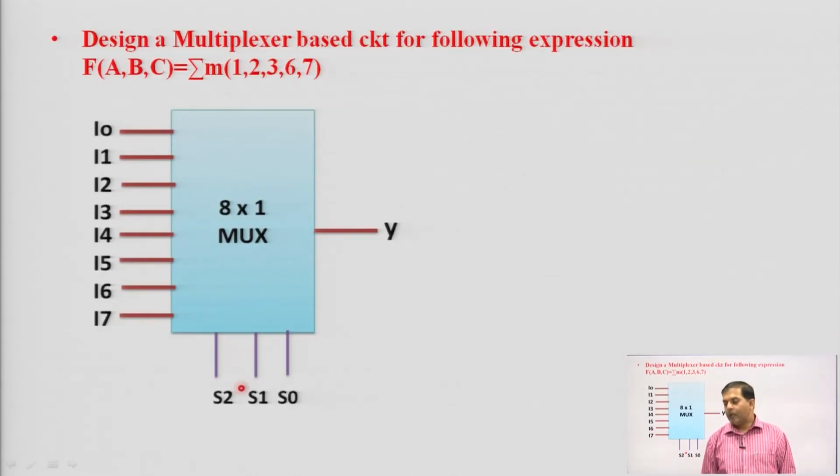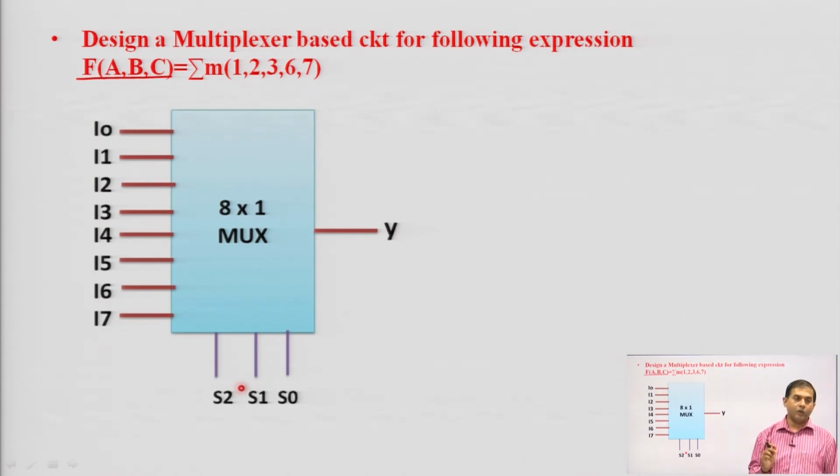Now, designing of a multiplexer. First of all, we have to check that here 3 variables are there: A, B, C. For 3 variables the maximum number of combinations is 8, right, 2 to the power 3 means 8 combinations.